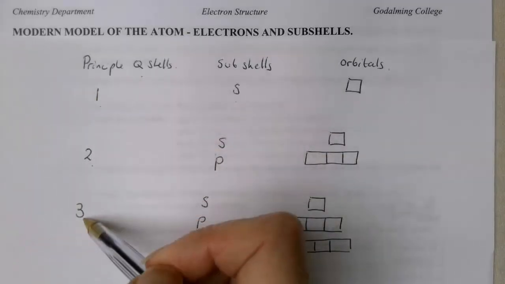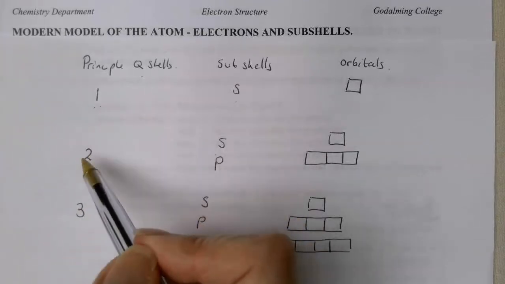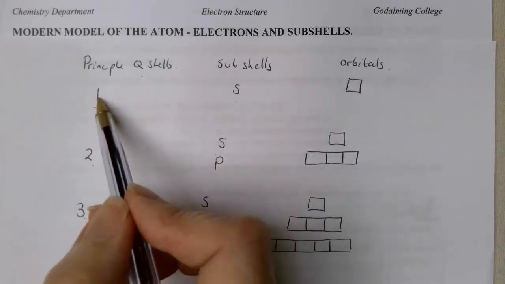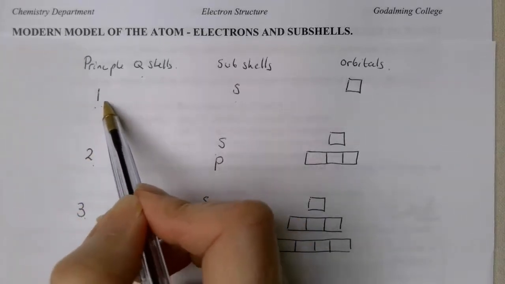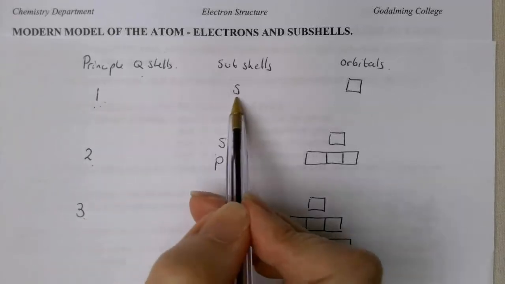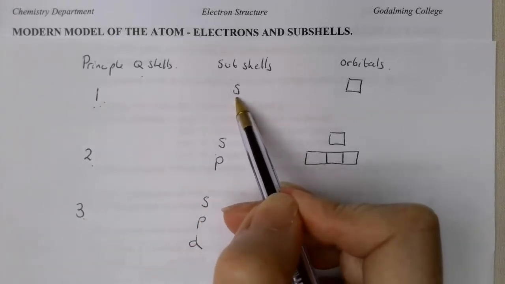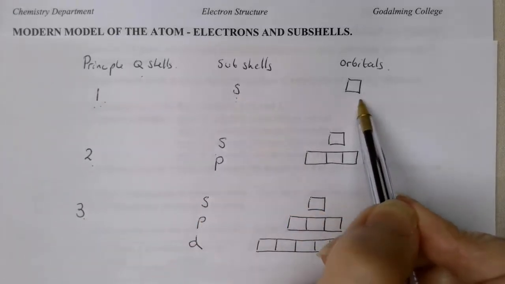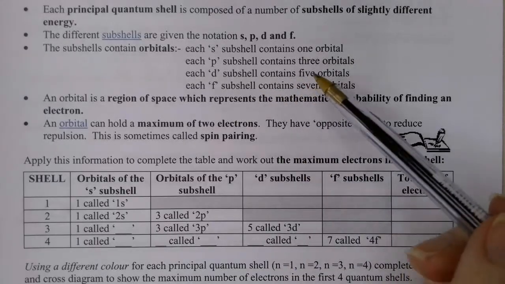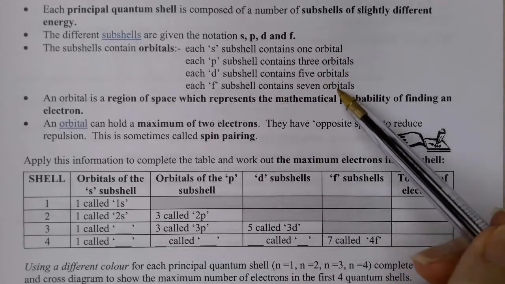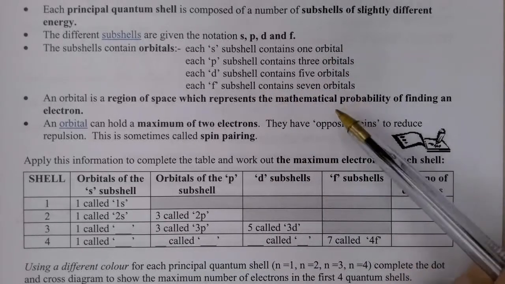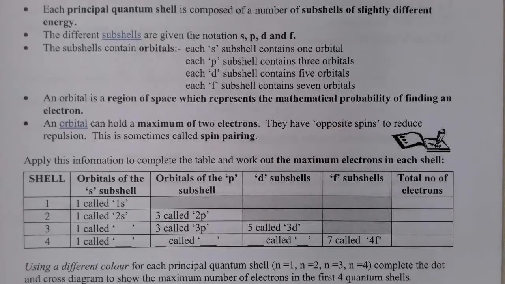So, as I said, at GCSE level, you've been used to dealing with principal quantum shells, but you have to understand that there's a layer inside that, and they're broken down first into subshells and then into orbitals. So these different subshells contain different numbers of orbitals. Now, an orbital is simply a region of space where there is a probability of finding an electron.